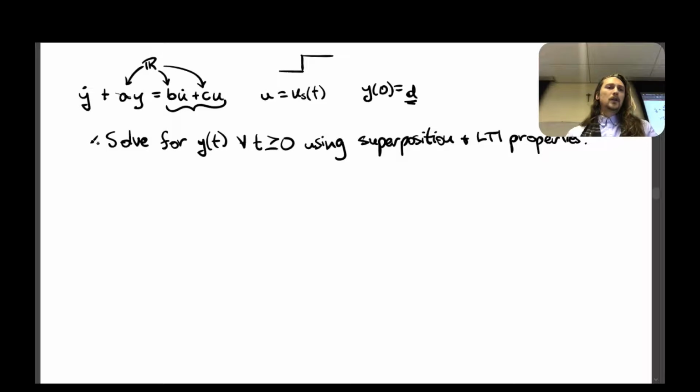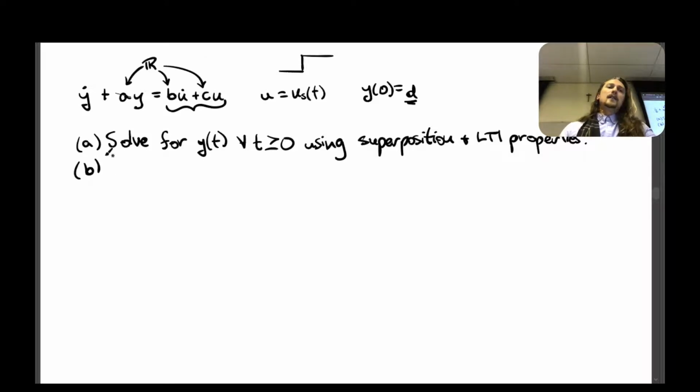So we'll do part A here. Solve for y of t for all time greater than or equal to 0 using superposition and LTI properties. That's the first thing we'll do. That's actually the most significant portion of this problem, but I thought we would add a couple parts here.